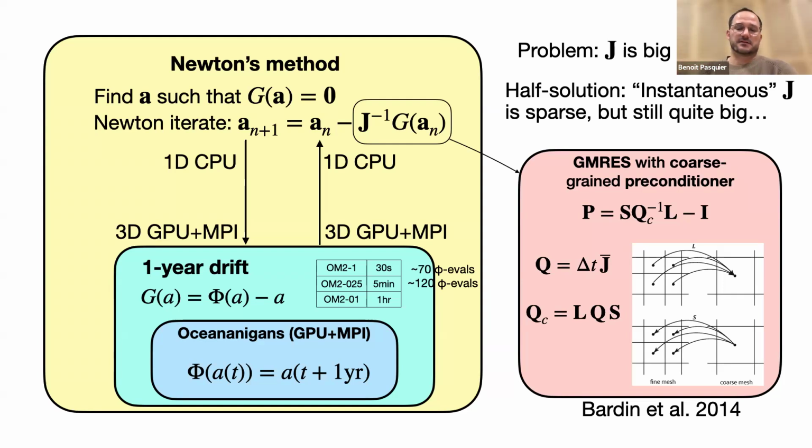And there's a problem here. There are many problems, but one of the big problems is that J itself is big and dense. And I apologize for any J's in the room. What I mean by that is that J here is the Jacobian of this G function.